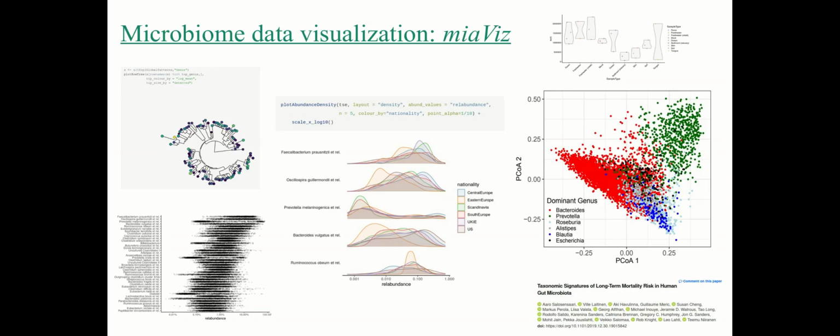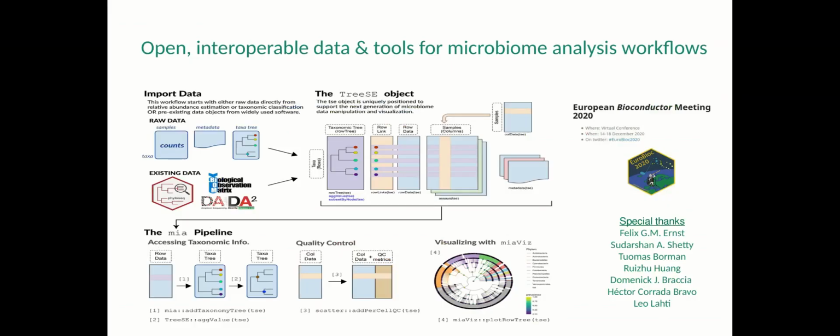So these are just some of the examples of the tools that are available in the ecosystem of analysis around the TreeSummarizedExperiment data object. By combining the data objects and these tools, we can start to build completely reproducible and transparent workflows for microbiome data science.